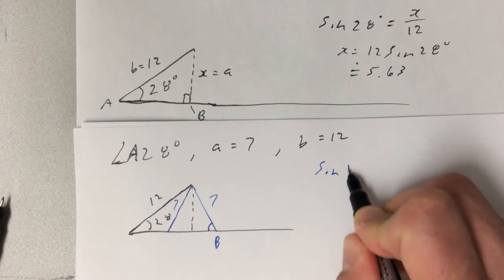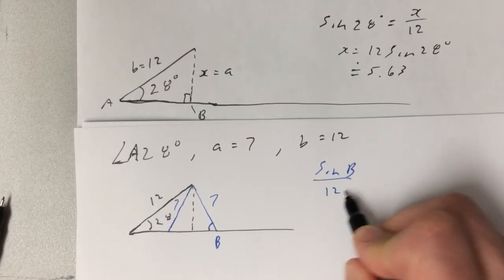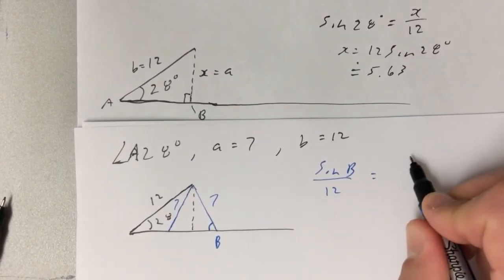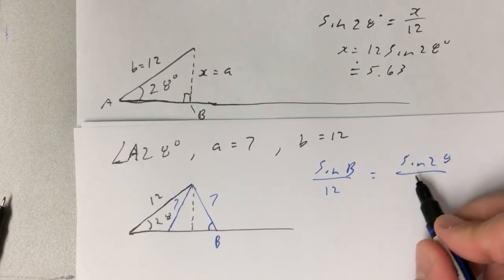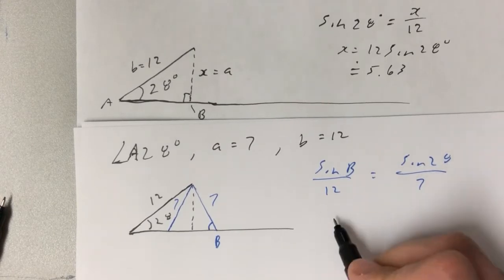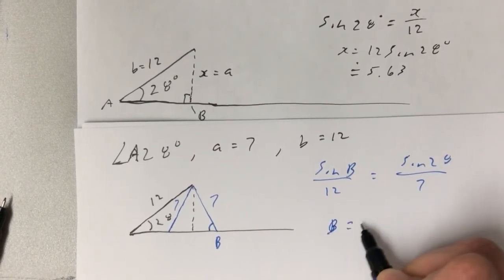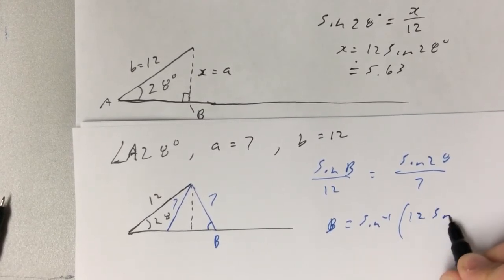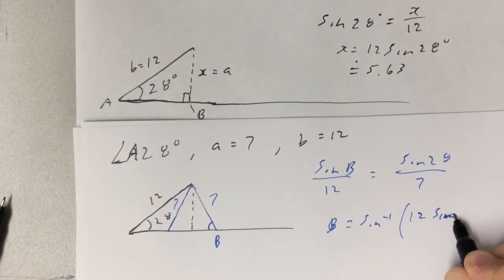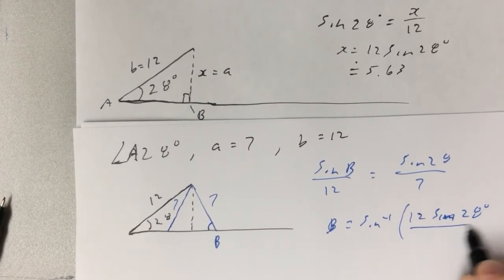So sine B over 12 equals sine 28 over 7. So B equals sine inverse of 12 sine 28 degrees over 7.